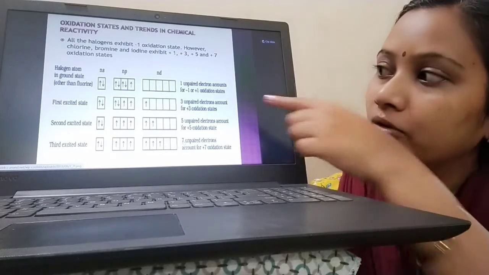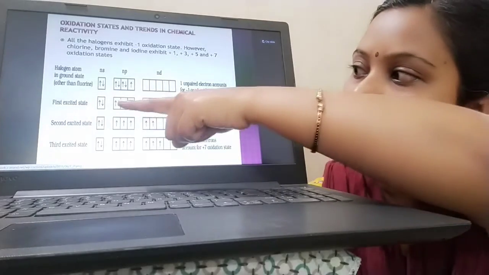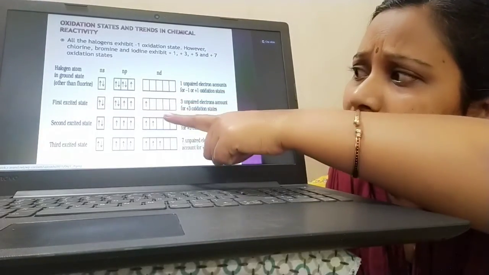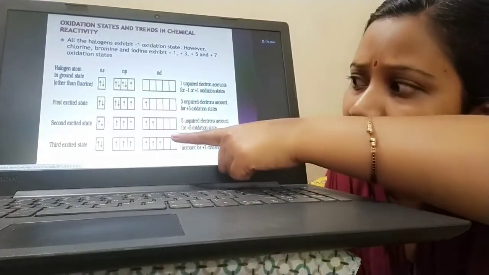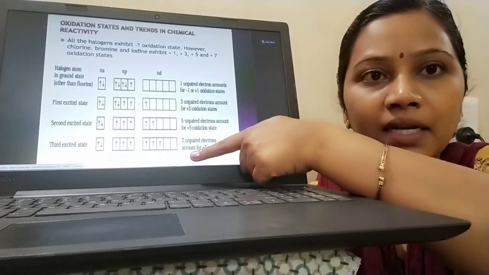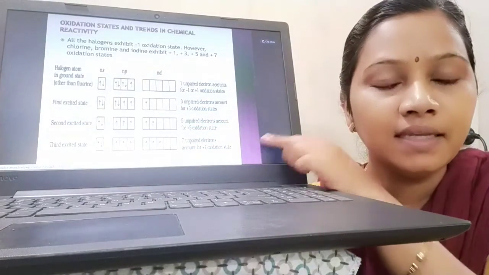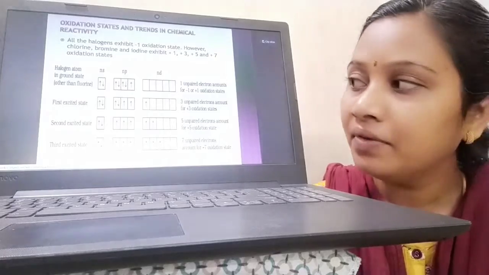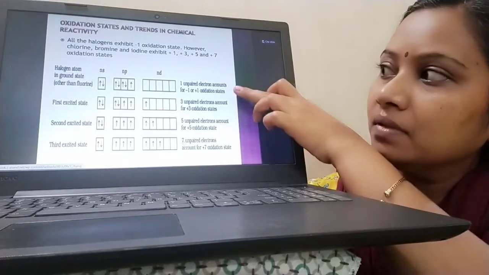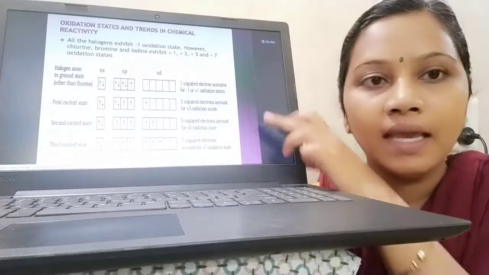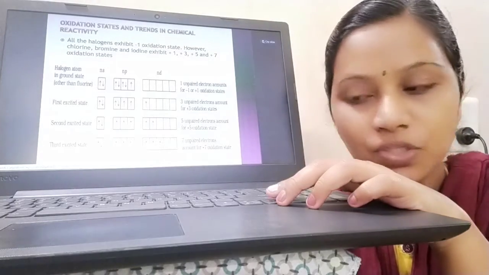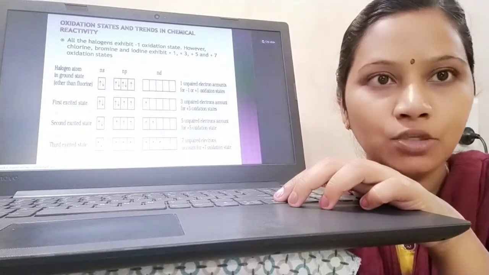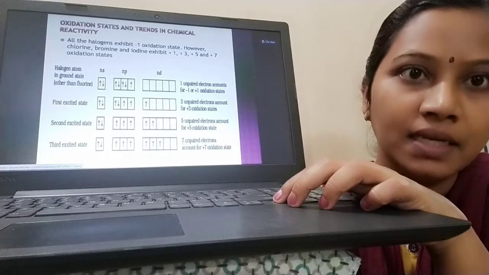Look into these examples where you might have seen 3 unpaired electrons, here 5 unpaired electrons and here 7 unpaired electrons, which means they exist in +3, +5 and +7 oxidation states. So they have oxidation states ranging from +3 to +7.